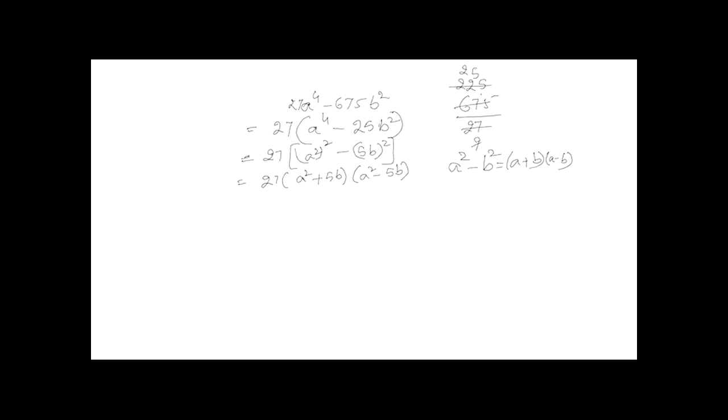Here, you may not know that 675 is divisible by 27. Supposing you remove 3, you will get 9a to the power 4, then 3 2s are 6, 3 5s are 15, b squared. Then again it is divisible by 3.